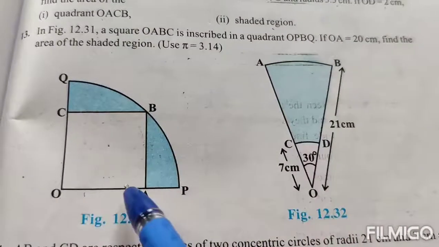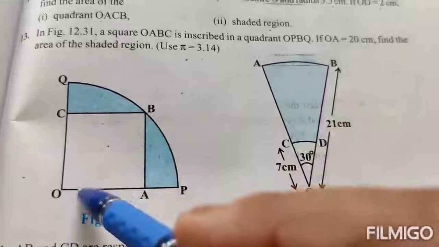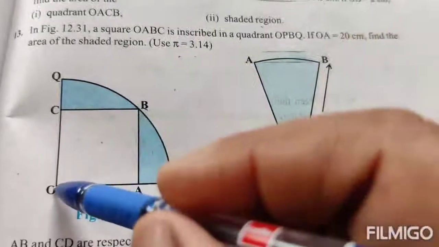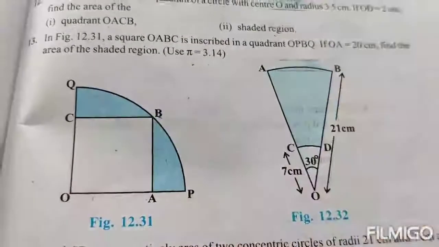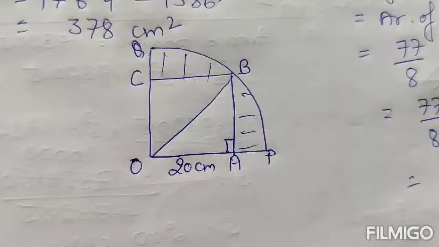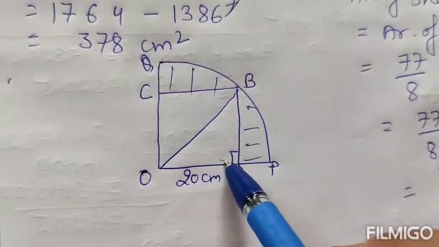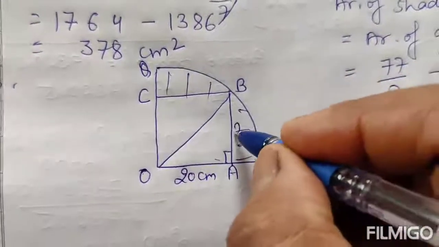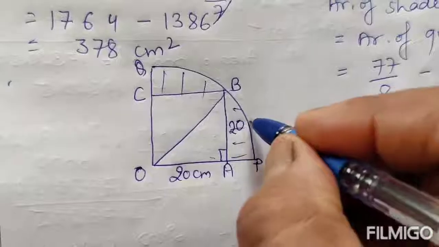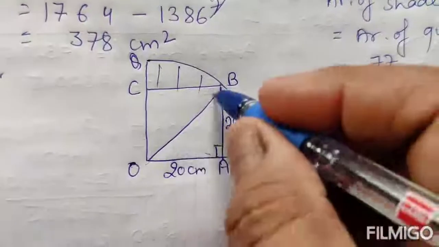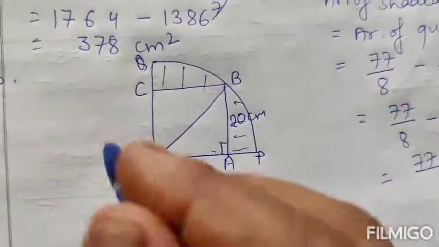The side of the square is given, but the radius of this quadrant is not given. Now join OB and find the radius of the quadrant. The OA equal to 20 centimeter. OABC is a square, it means this is also 20 centimeter. Find OB by using Pythagoras theorem.